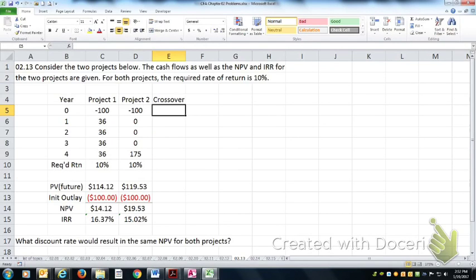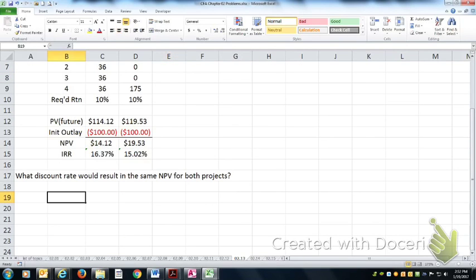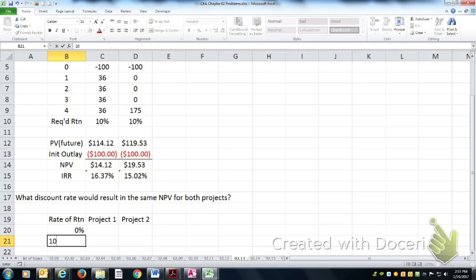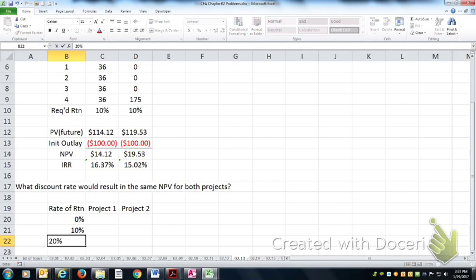All right, we could do this a couple of ways. One, we could do an NPV profile. So at the rate of return, and we'll just go 0%, 10%, 20%.